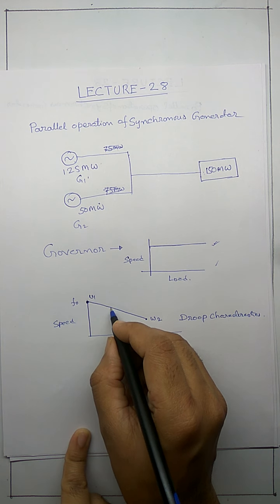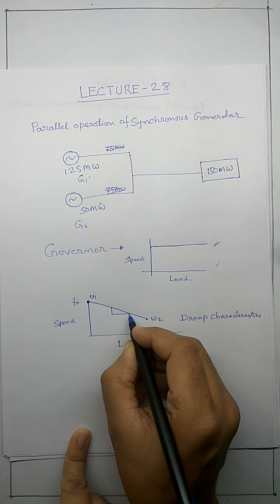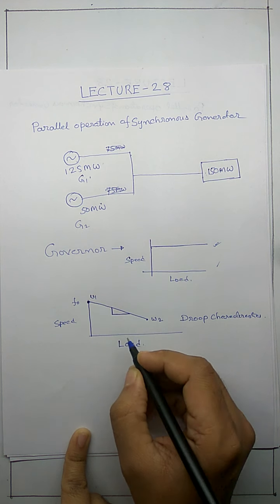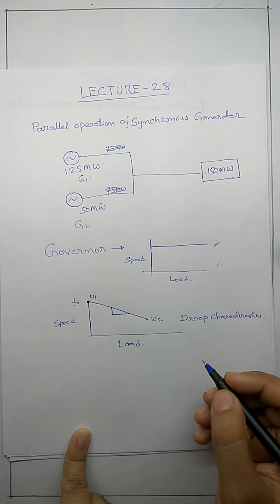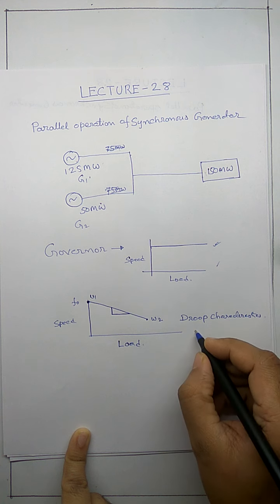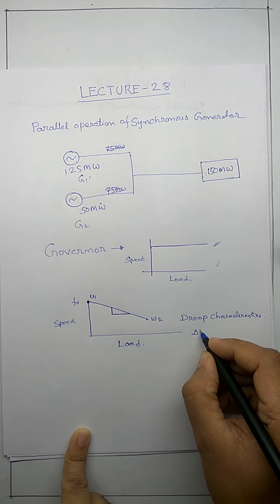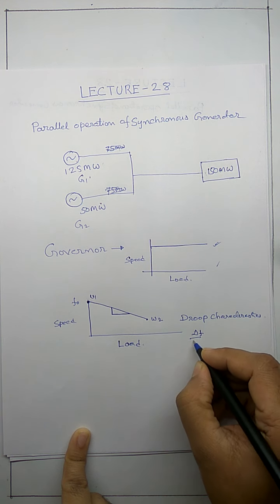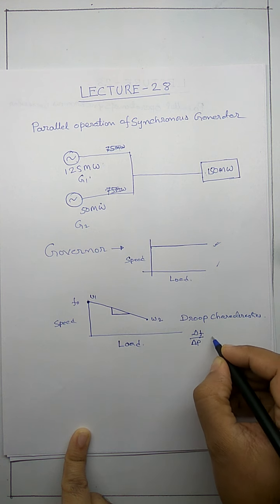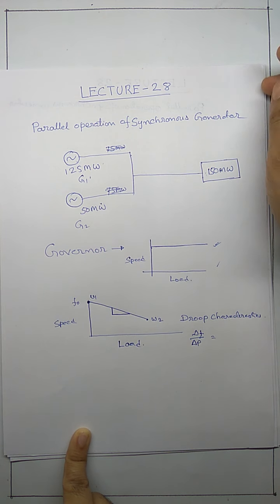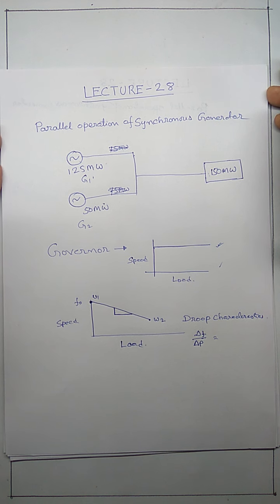The slope of this is called the droop characteristics, and we will write it as delta F by delta P. It will be said something like 2 hertz from no load to full load.